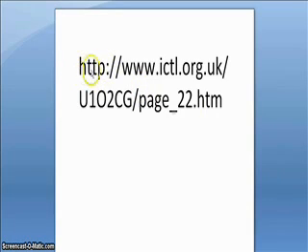Sometimes there's an HTTPS. The S means secure, and if you're ever going to submit any kind of credit card information or any real private personal data on a website, you want to make sure there's an S on there because that means your information is protected.